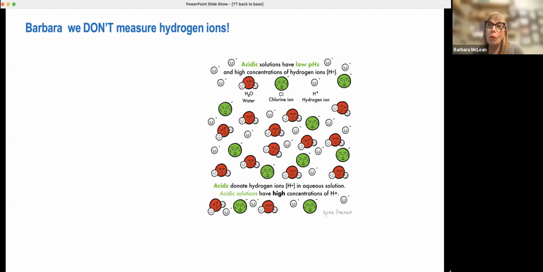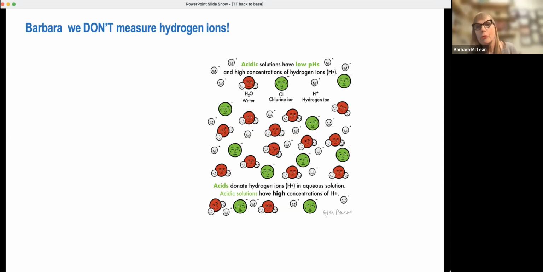So all acid solutions, of course, have a low pH, and they have to have a high concentration of hydrogen. You can't be acidotic without that. So acids that are suspended in water donate hydrogen ions, okay? So acidotic solutions, conversely, have a very high concentration of hydrogen. So that's a really important concept to remember.